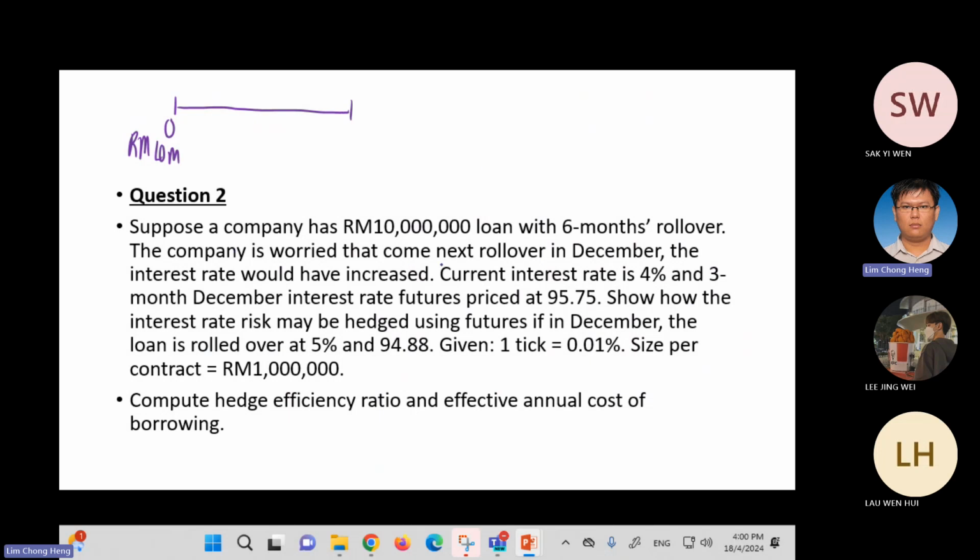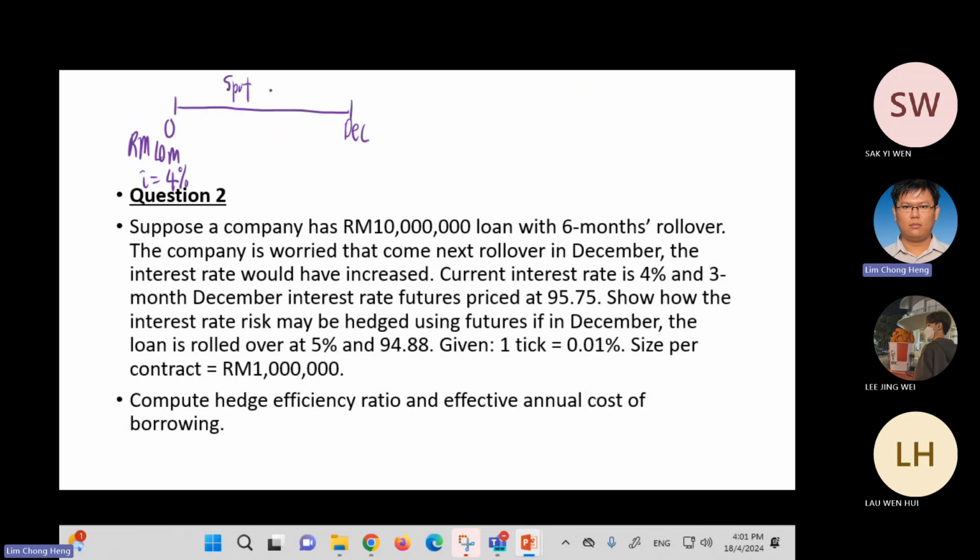The company worries that at the next rollover in December the interest rate will increase. So current interest is 4%, and the company worries the interest rate will increase.